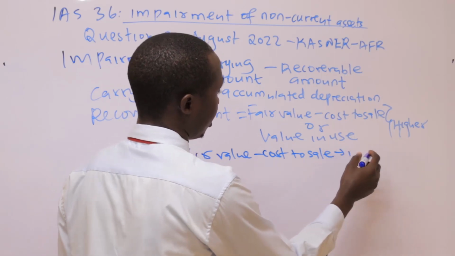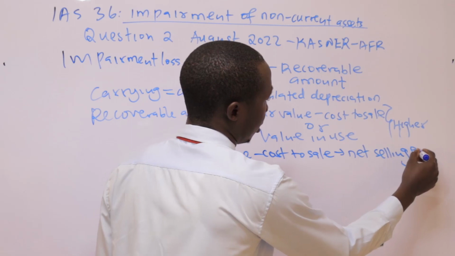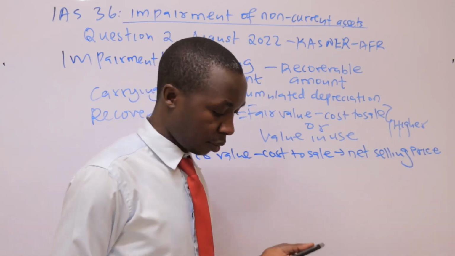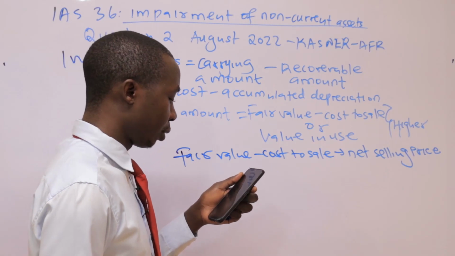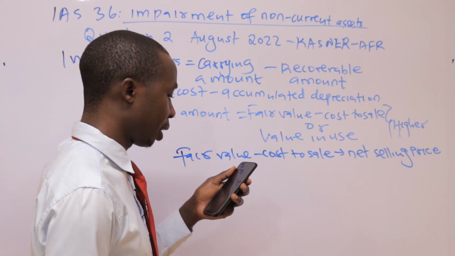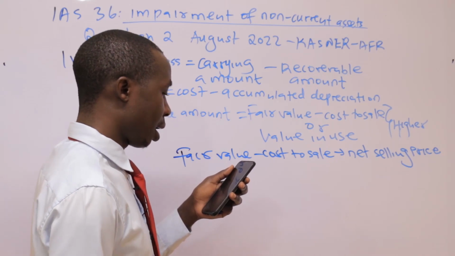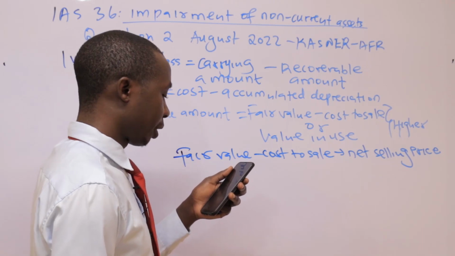is the net selling price, as mentioned in the question. According to additional information number 1, an impairment review revealed a net selling price of 19,200 and a value in use of 31,200.